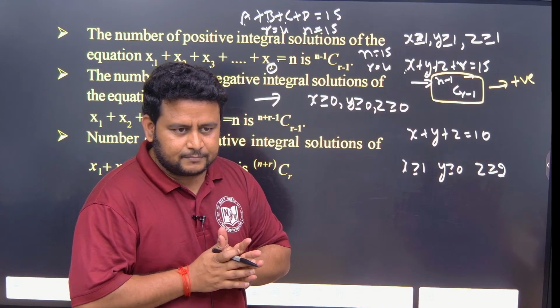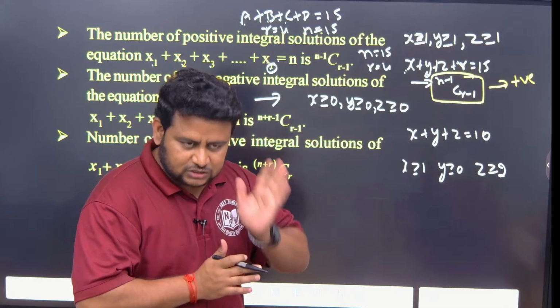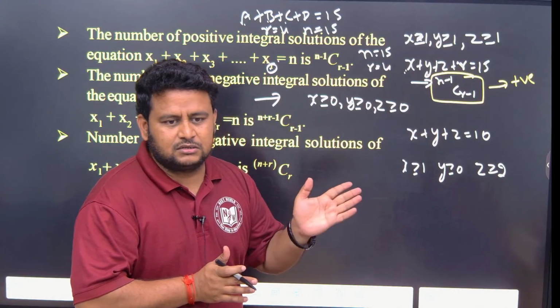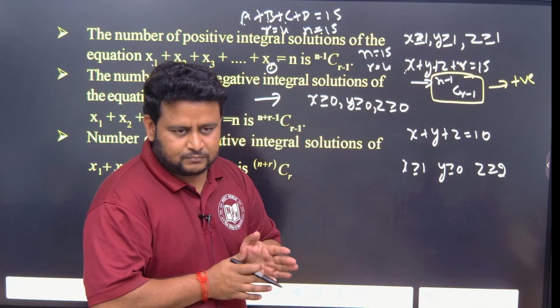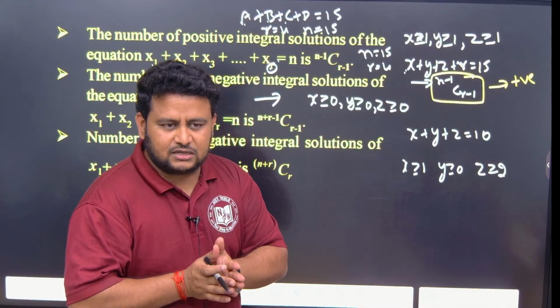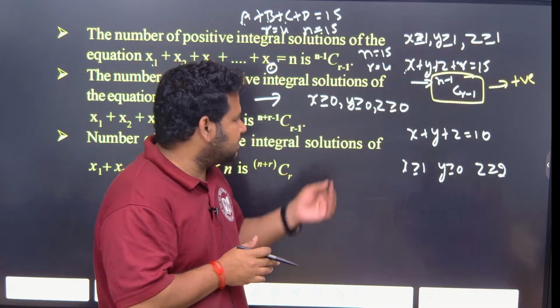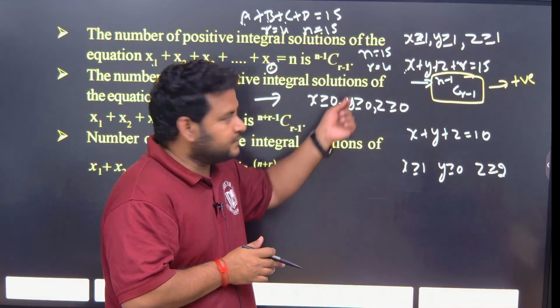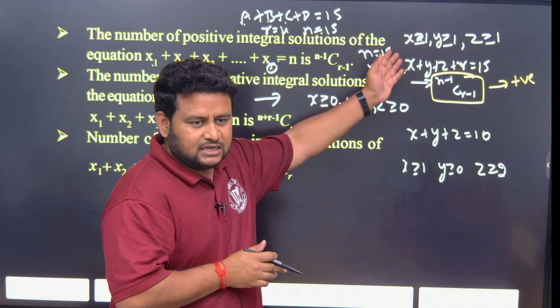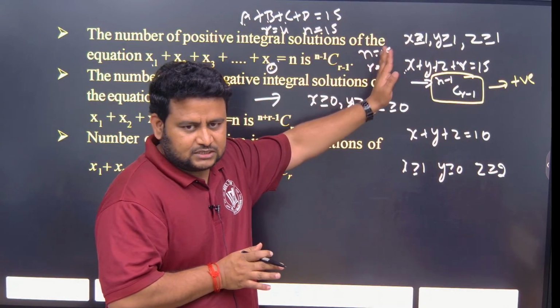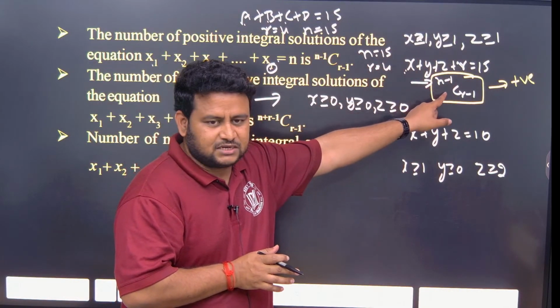Positive means you take all the numbers starting from 1. Non-negative means you take all the numbers starting from 0. Starting from 0 means x is greater than or equal to 0. Starting from 1 means greater than or equal to 1. If it is greater than or equal to 1, the formula is n minus 1 C r minus 1.